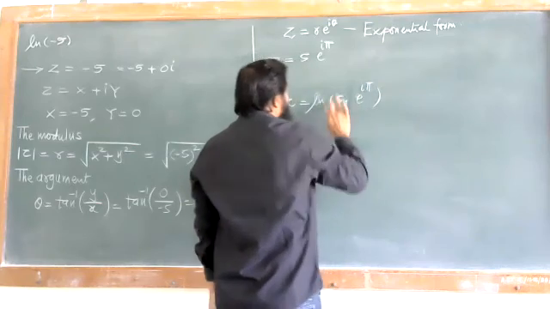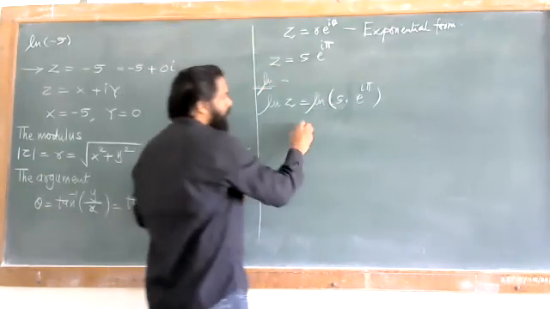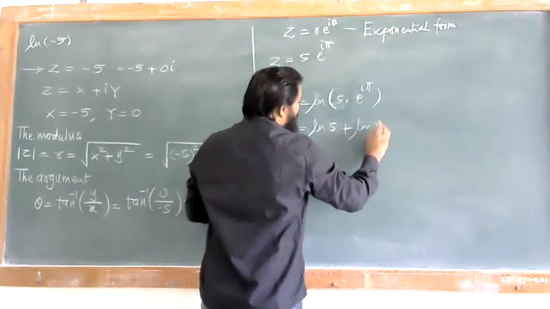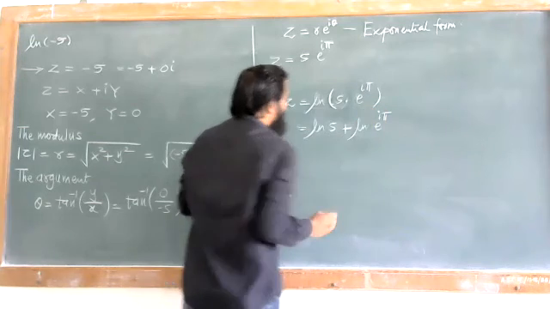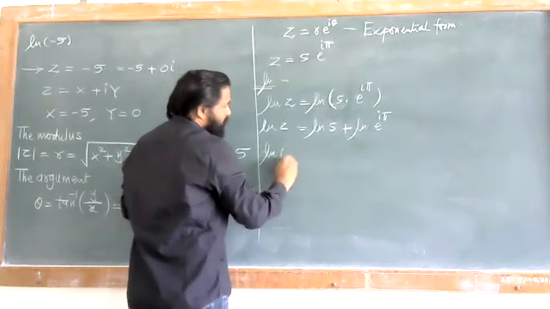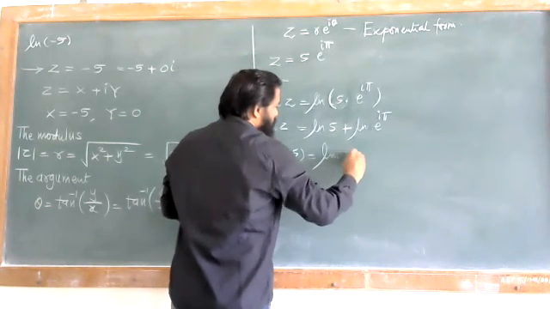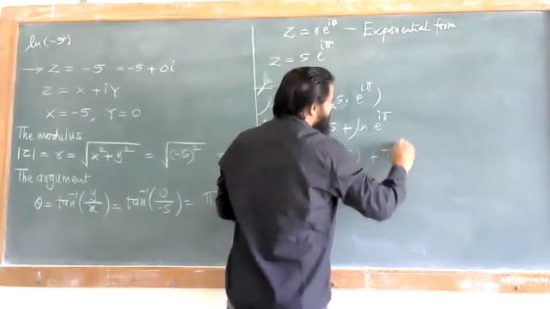Log of a into b is log a plus log b. So log of 5 plus ln of e raised to i times pi. So ln of minus 5 is equal to ln of 5 plus pi times i.